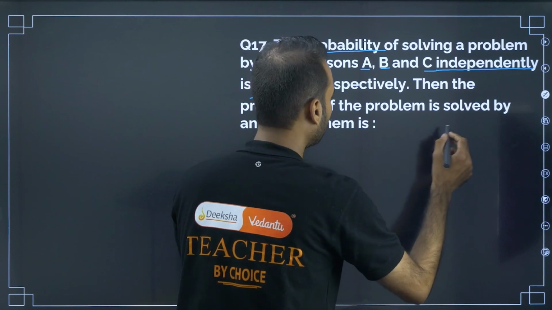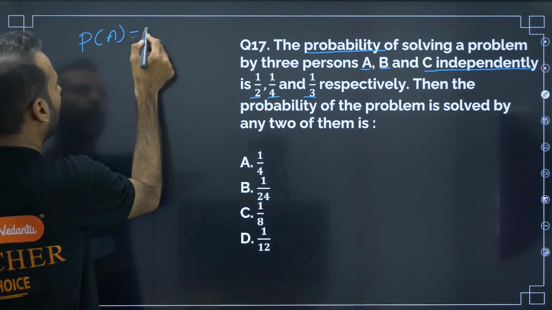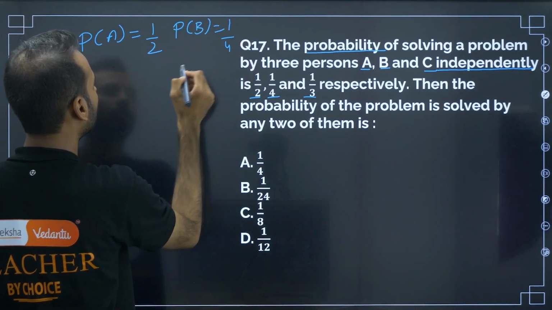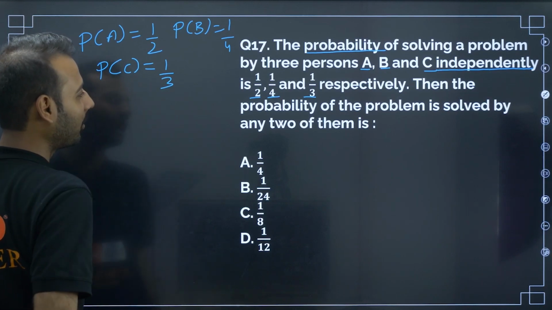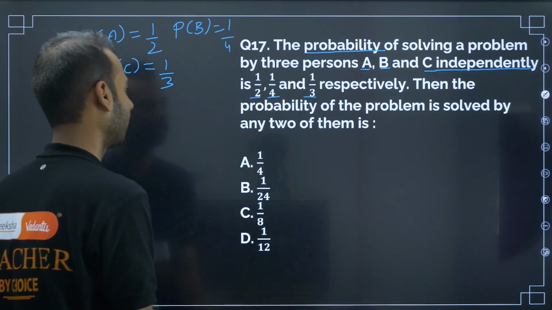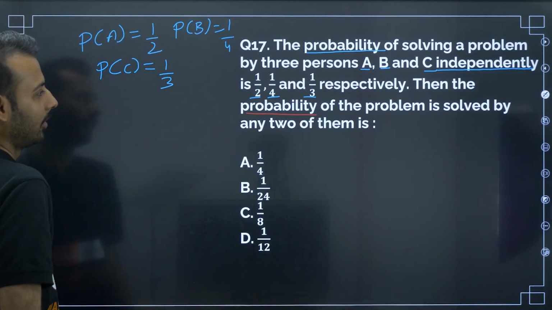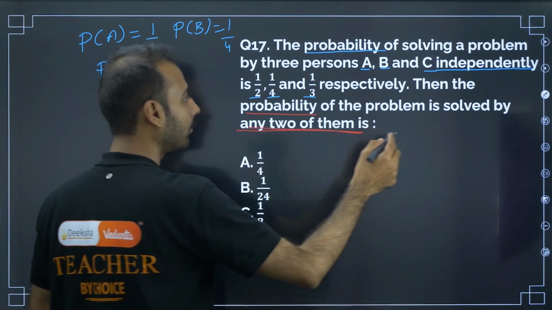Now what is the question? Let me write the given data first. A is 1 by 2, B is 1 by 4, C is 1 by 3. They want the probability that the problem is solved by any two of them.